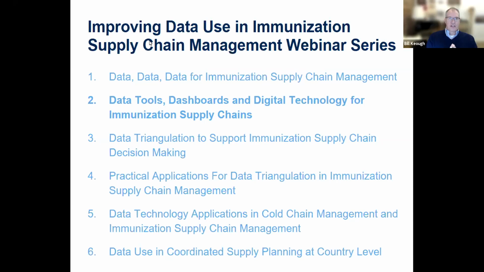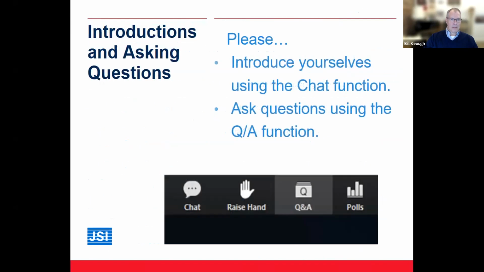As I mentioned, the first is about data triangulation specifically, and particularly how it's been used in Mozambique. And then the second webinar about data triangulation is going to be 1 week after the first, and it'll be in a slightly different format. We're going to start with a country example from Ethiopia, and then we're going to have more of an interactive workshop format talking about the actual application of data triangulation.